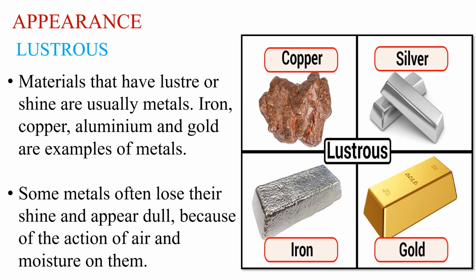If a material appears shiny, then we say that it has a property called luster. Usually, metals have luster. Iron, copper, aluminium and gold are examples of metals. Some metals often lose their shine and appear dull because of the action of air and moisture on them.